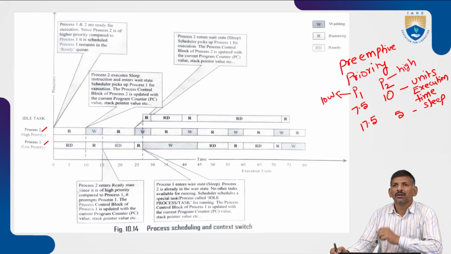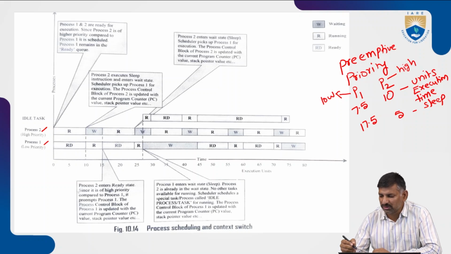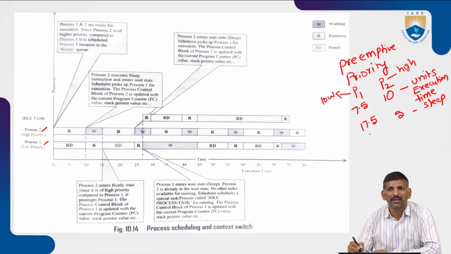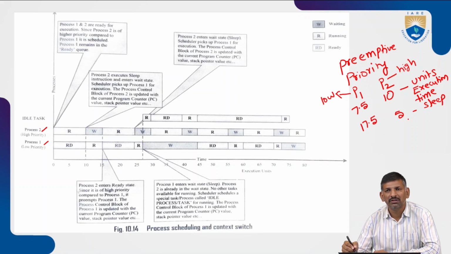If you look at this example, we are taking two processes, P1 and P2. P1 executes for 7.5 units of execution time and sleeps for 17.5 units, whereas P2 executes for 10 units and sleeps for 5 units.